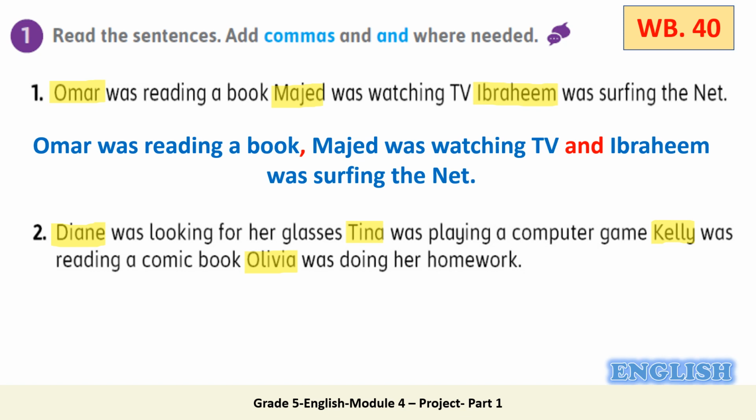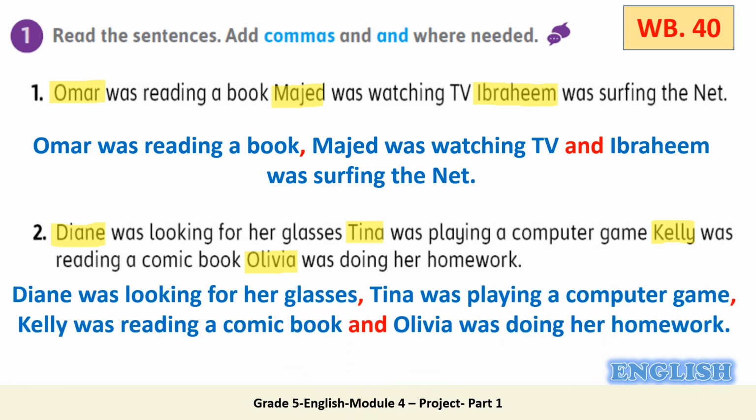Amazing! We have to add and before Olivia because Olivia is the last name in this sentence. Diane was looking for her glasses, Tina was playing a computer game, Kelly was reading a comic book, and Olivia was doing her homework.